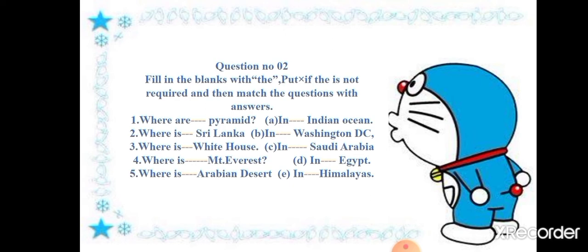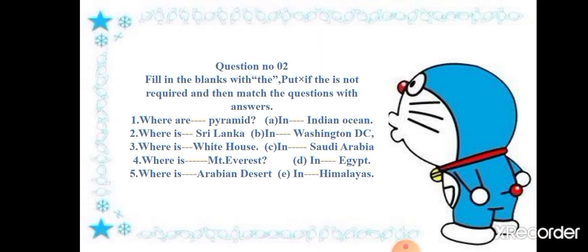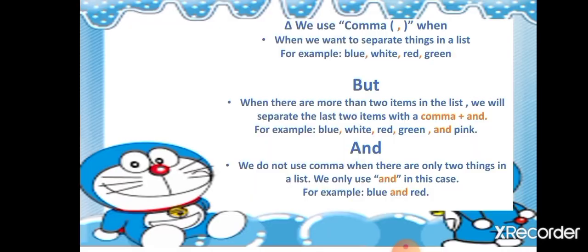So we will be matching part 1 with part D. In part 1 we will be putting "the", but in part D we will be putting a cross. There is no need of "the" according to the rules. So you have to match 1 with D, and look, these are the pyramids that are present in Egypt. The rest are to be done by you.